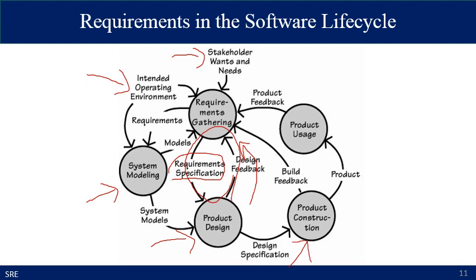And again, you ask for feedback to further improve the requirement engineering process. And thus the product is delivered to the user, and again product feedback is gathered to further improve the requirements that will be implemented in the next version of the product.